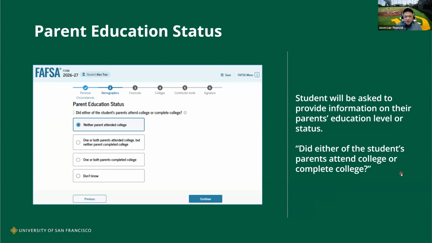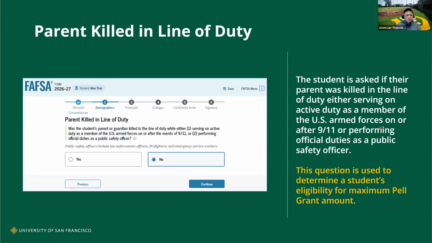Next, it will ask you for your parents' educational status. It will ask whether either of the student's parents attended college or completed college. Next, it will ask if your parents were killed in the line of duty, either as an active duty member of the U.S. Armed Forces after the events of 9/11, or performing official duties as a public safety officer.